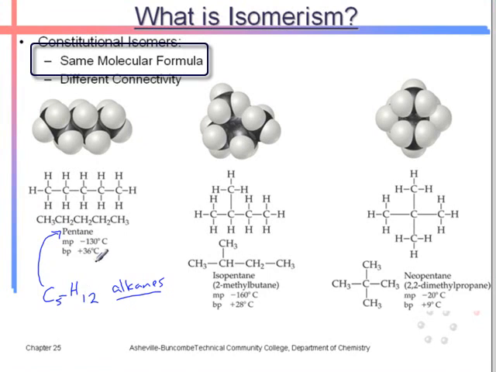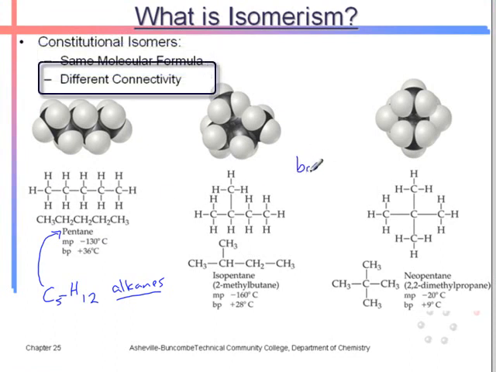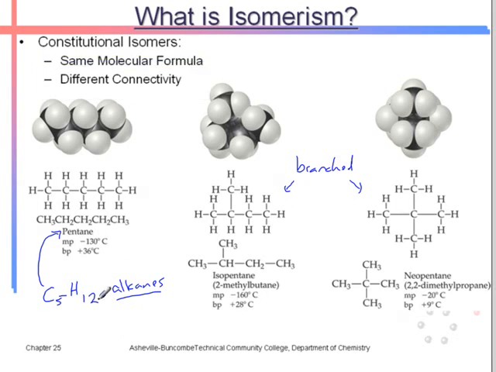Whenever you have an alkane, whether it's a straight chain alkane that we have here, or these branched, two other constitutional isomers for pentane, they all have the same molecular formula, which is one criterion for being a constitutional isomer. And then, like you see, they have different connectivity.